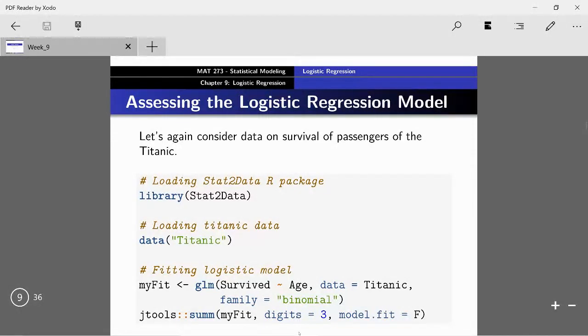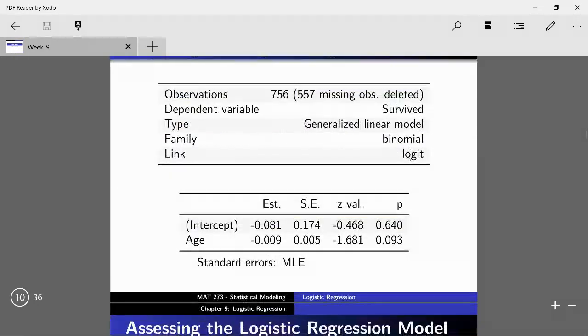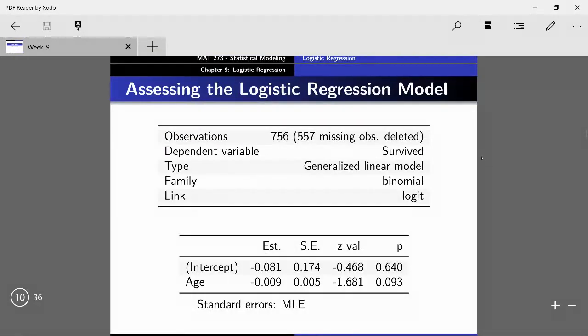Using the glm function here for a generalized linear model, we can fit a logistic model by specifying family equals binomial, and then get the regression model output here. From here we see that we had a lot of missing values. There were a lot of missing ages for the passengers, but we still have 756 passengers who had the full data here.